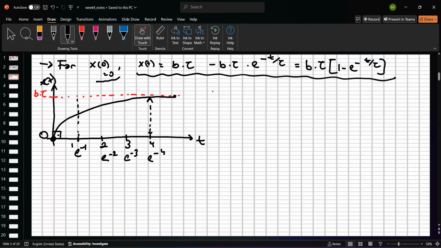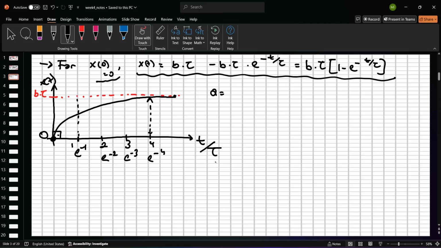What is the values of a here? 1 over tau. But what is the values of it? If I choose to write the 1, 2, 3, 4, this curve must be changed with the time parameter, just like this one.